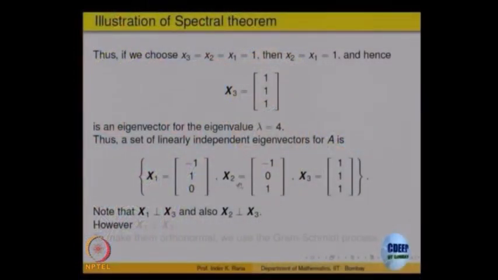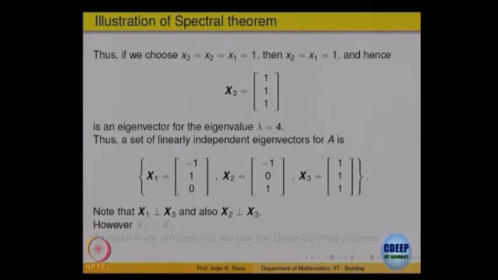Now, observe that x1 and x2 were the eigenvectors for the eigenvalue lambda equal to minus 2, and x3 is for lambda equal to 4. So, x3 is perpendicular to x2 because they are for distinct eigenvalues, and x1 is also perpendicular to x3. You can just take the dot product and see that it is equal to 0.